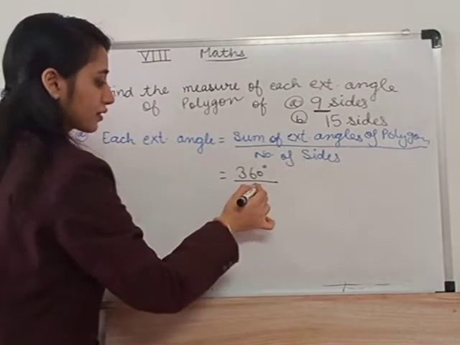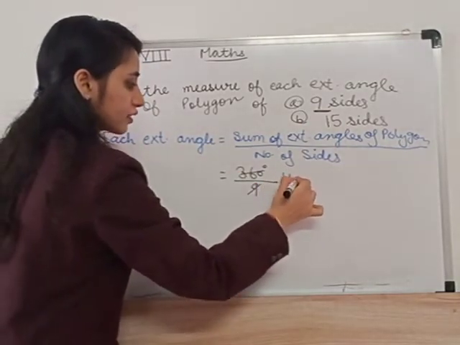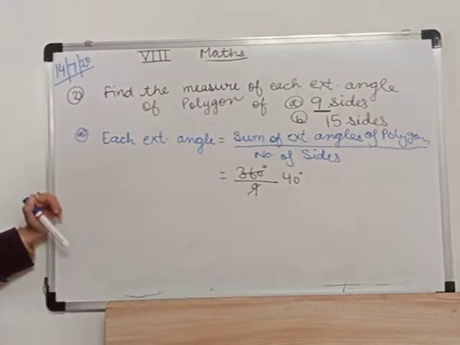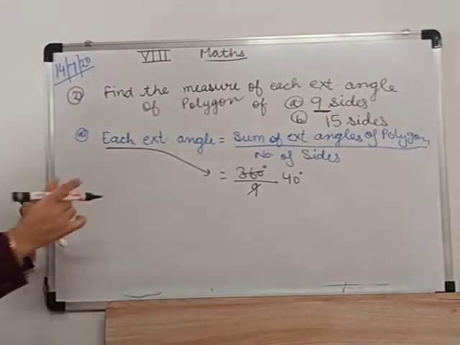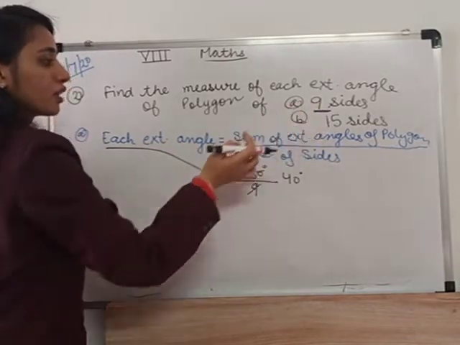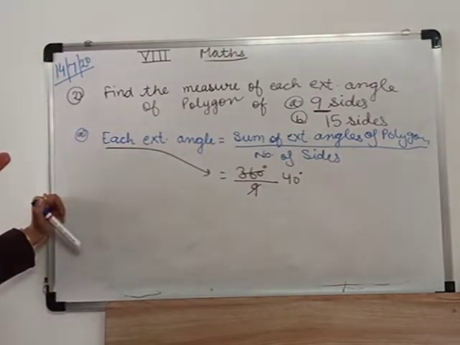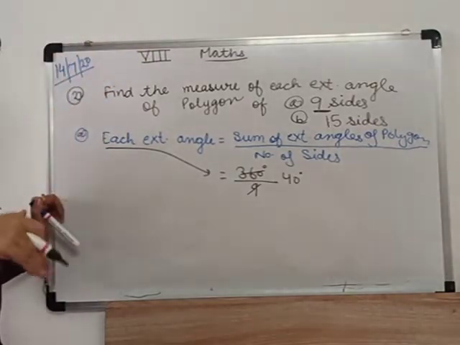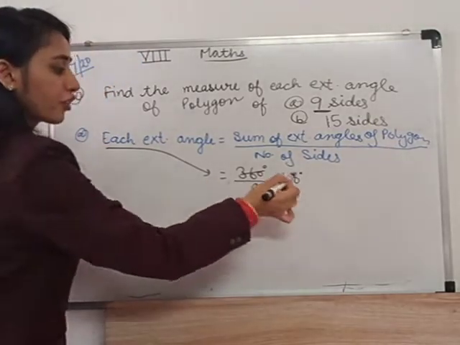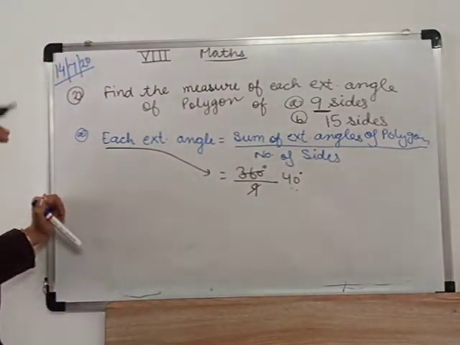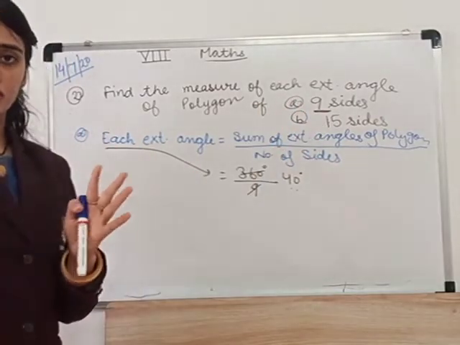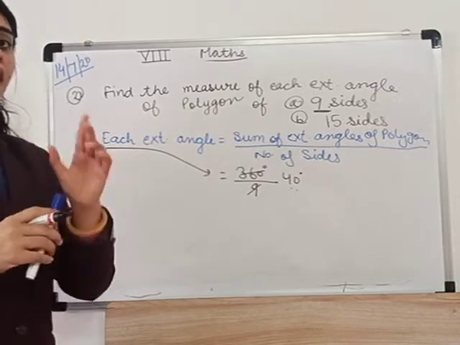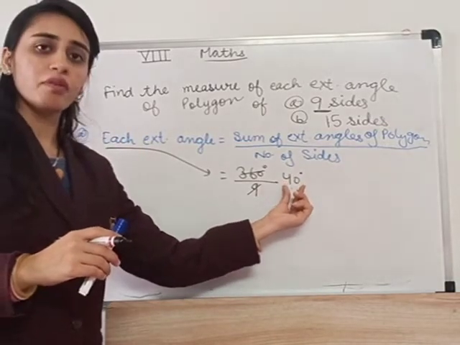So cut this: 9 fours are 36, 0 as it is, 40 degrees. So each exterior angle of this polygon, if a polygon has 9 sides, is 40 degrees. Means a polygon having 9 sides has 9 exterior angles, and each angle measures 40 degrees.